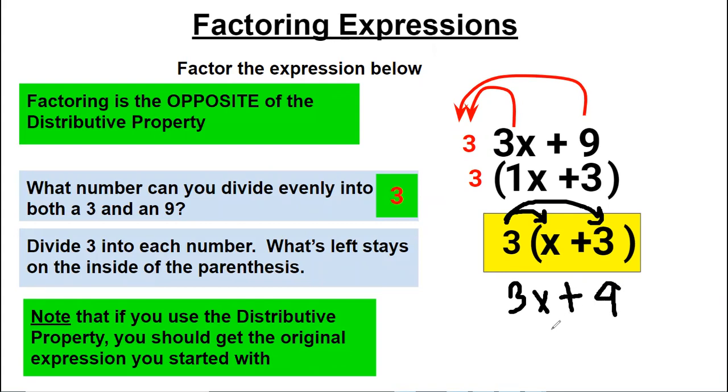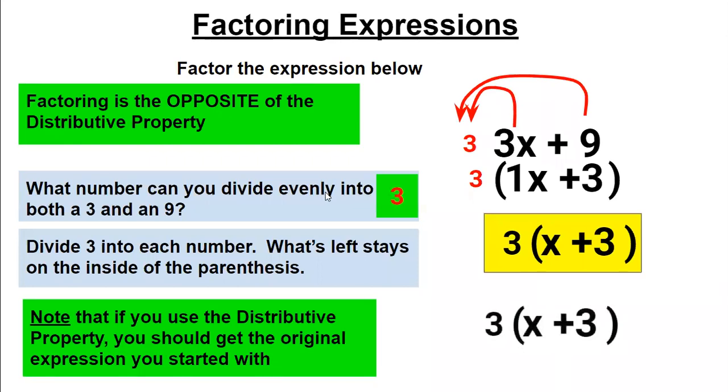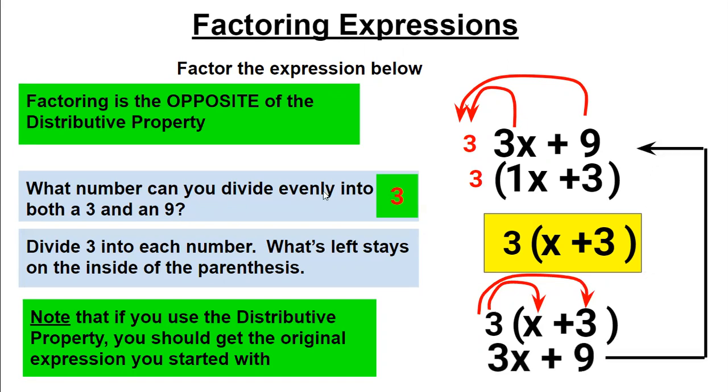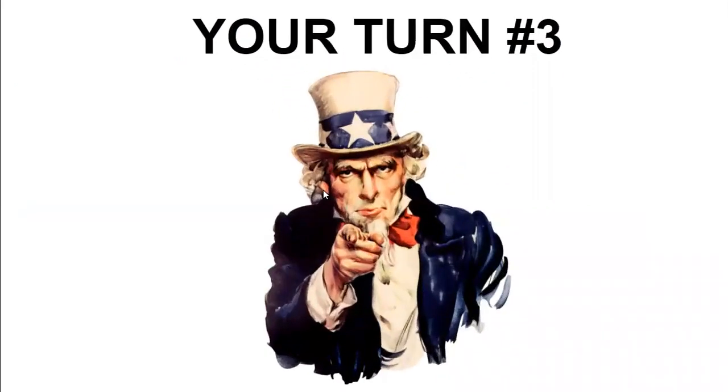Distributive property is forwards, factoring is backwards. And that's the same thing, 3x plus 9. So that's what you're doing. Okay, you get to try a couple of factoring problems. See you back in a moment.